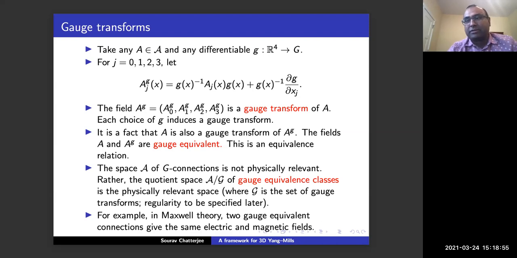There's this thing called Gribov ambiguity, I know in physics, which says that you cannot really pick a section smoothly. There is this notion of gauge fixing, various ways of choosing an element from each class. So that's as much as we have.